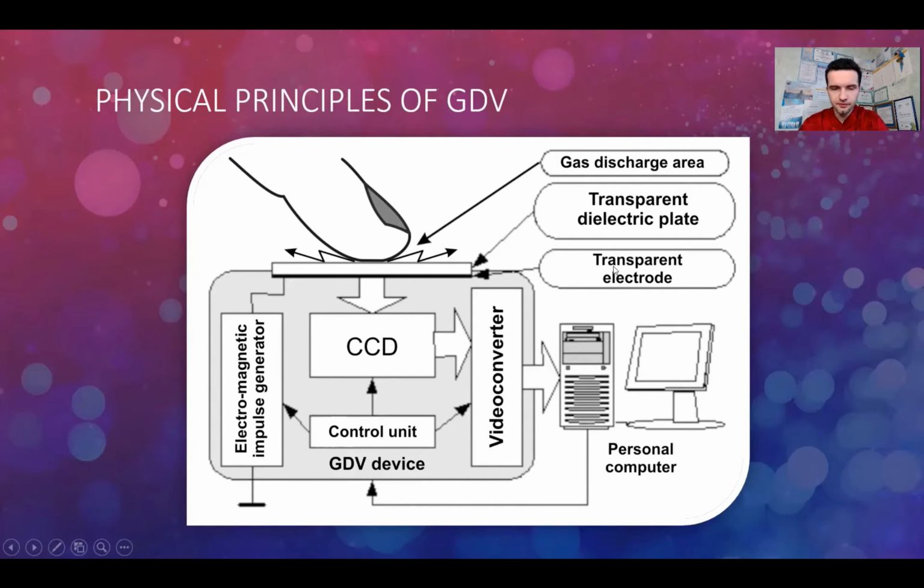So there's a transparent conductive layer underneath the glass, to which the high voltage impulses are being sent by the electromagnetic impulse generator that is inside the GDV device. The glow that is being created in the air is being photographed by the video camera and then transferred as a digital image to the computer.